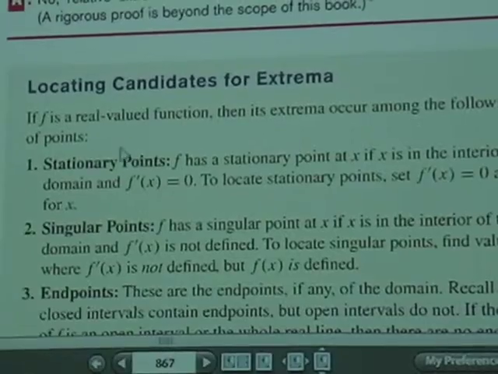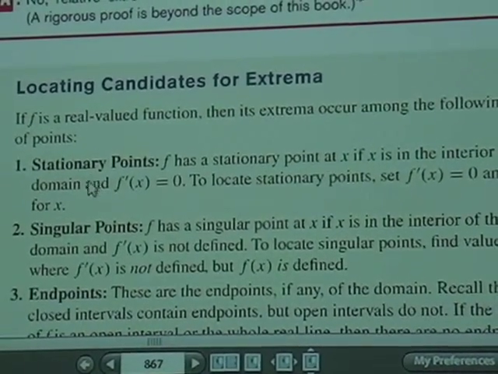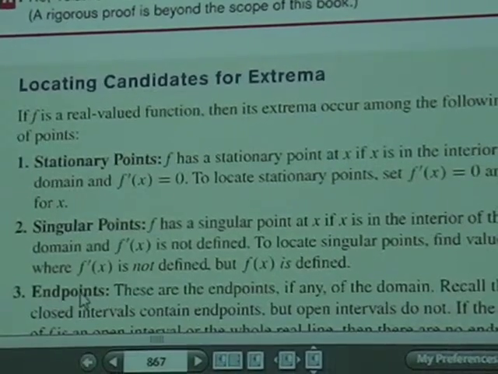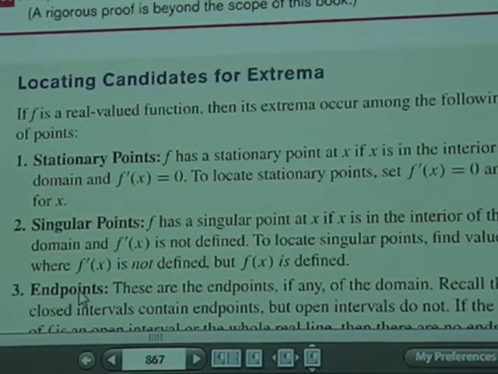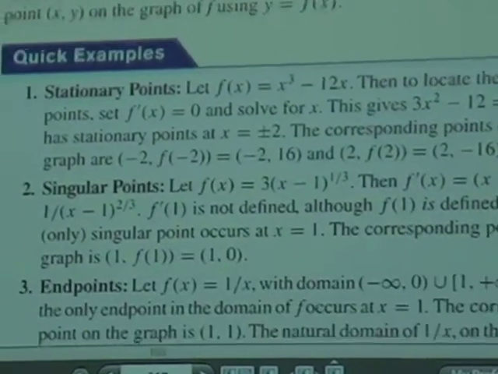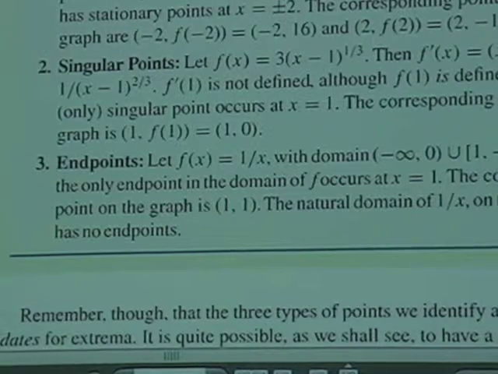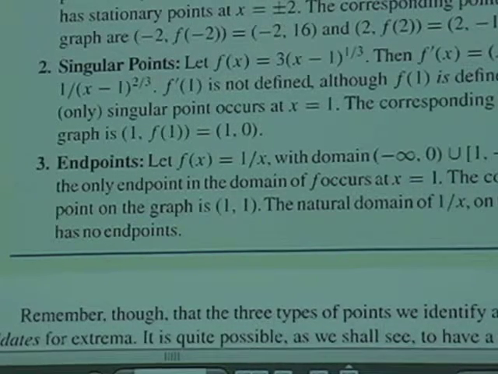So we could say look for critical points and endpoints, but that means look for either stationary or singular points and endpoints. Is this clear? Any questions? Please stop chatting.